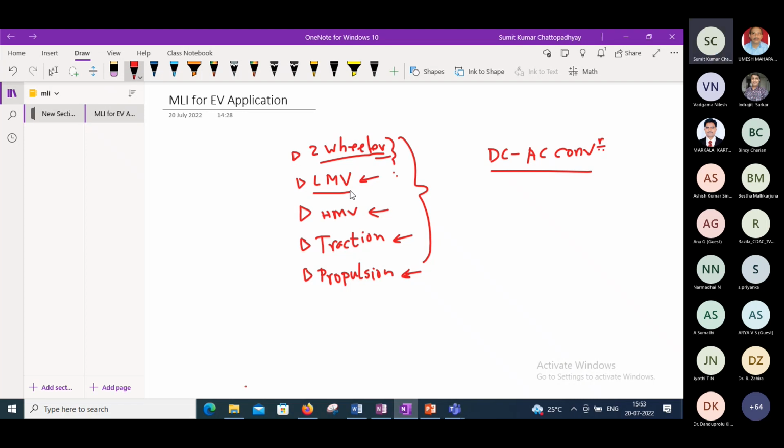There, having such a multi-level converter can be an attractive solution. And of course, for traction and propulsion.